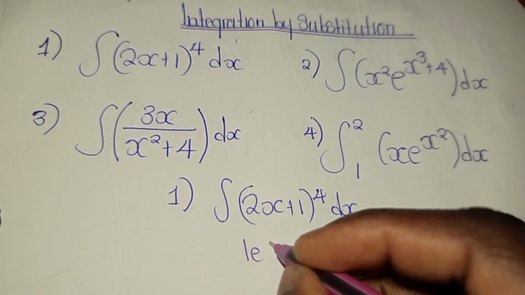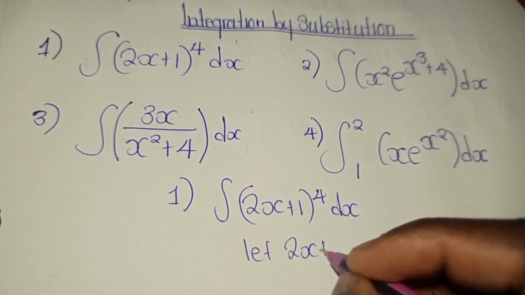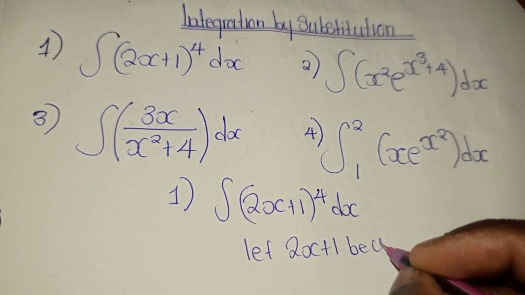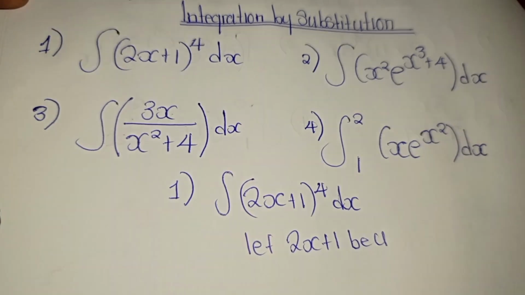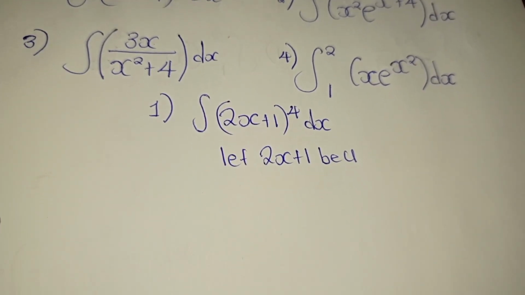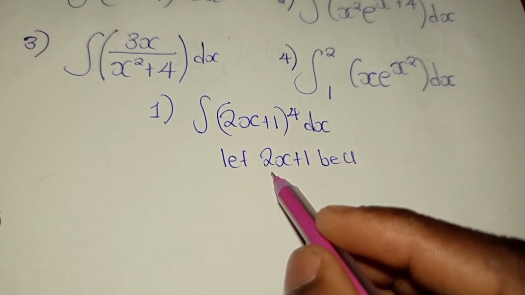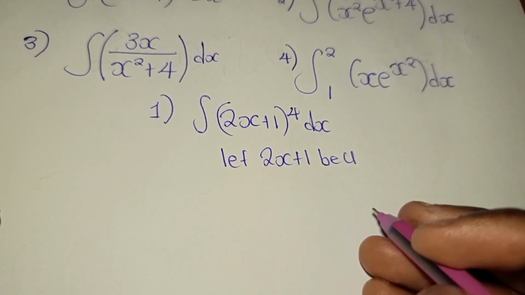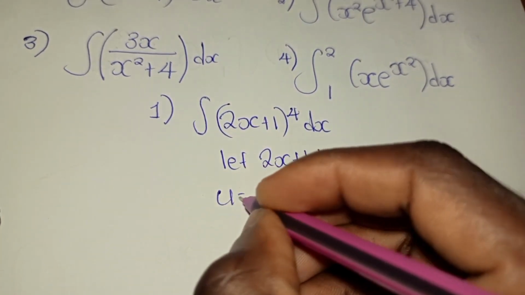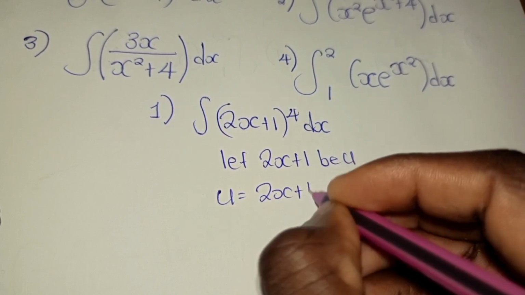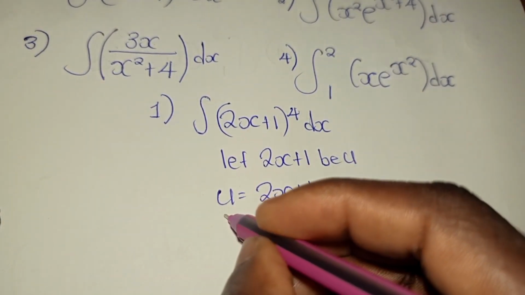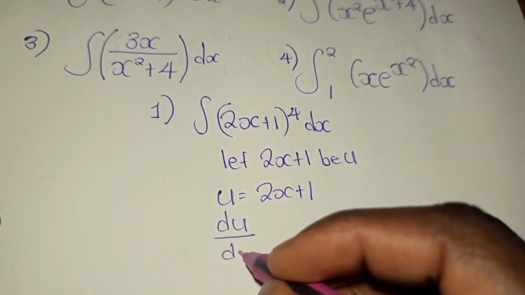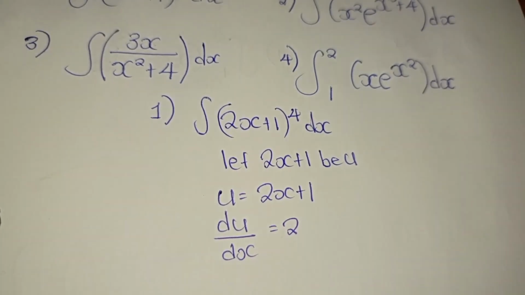So we can say let 2x plus 1 be u. Immediately we do that, we now find the derivative of u. How do we do that? We can say u is equal to 2x plus 1, where the derivative of u in this case, du over dx, is equal to 2.